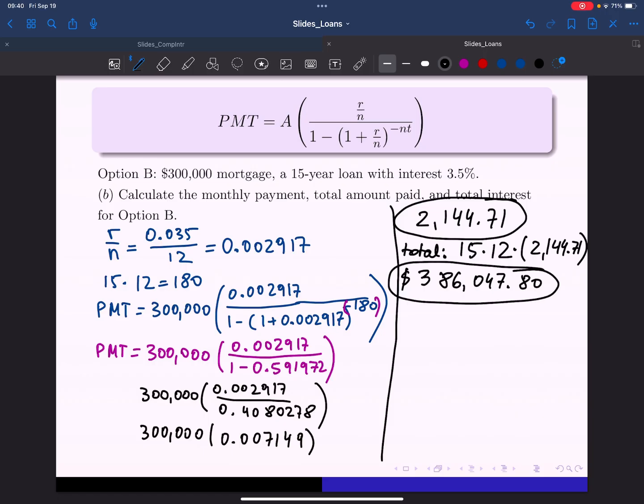This is the total amount we pay. How much is the interest? So minus 300,000 for the amount of the mortgage. So the interest on this loan is only 86,047 and 80 cents.